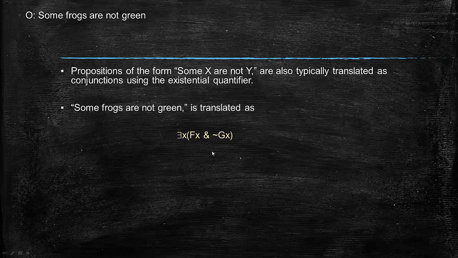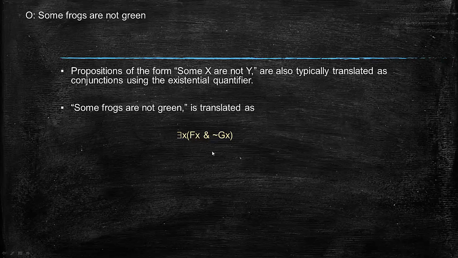And unsurprisingly, again, we can translate this using the universal quantifier, so give that a shot. It's going to be very similar to the previous one, except this negation is going to disappear. We'll introduce the universal quantifier and a conditional.